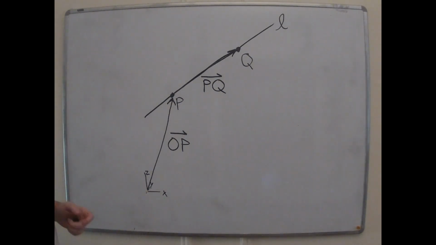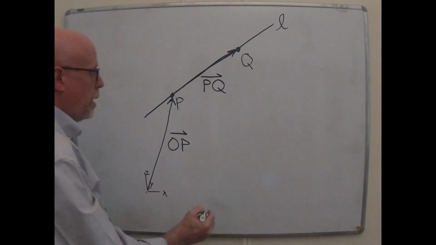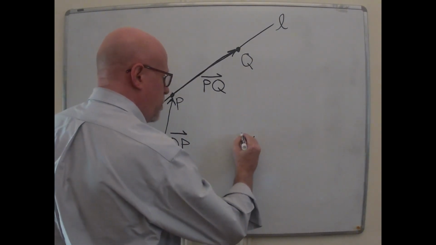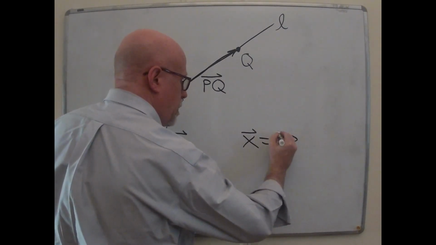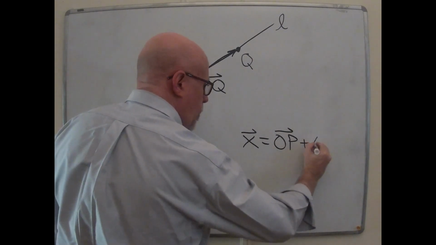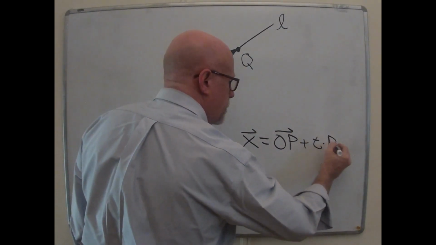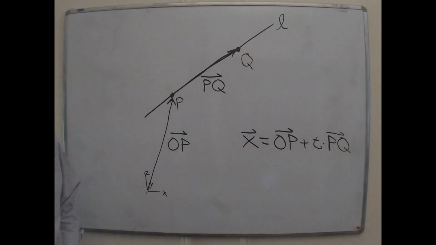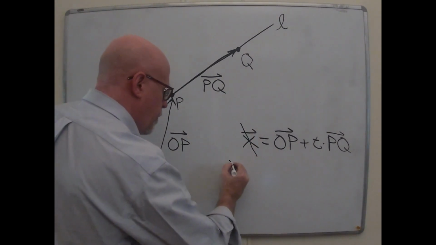So you can think of this multiplier on PQ as time. That is, your eventual position is the vector OP plus some multiple, which I'm going to call T, times PQ. In fact, if you'll indulge me, we should think of this as a vector function.